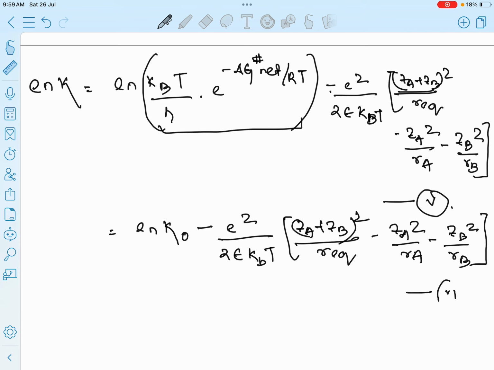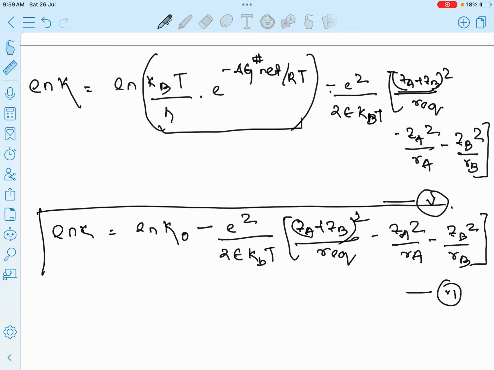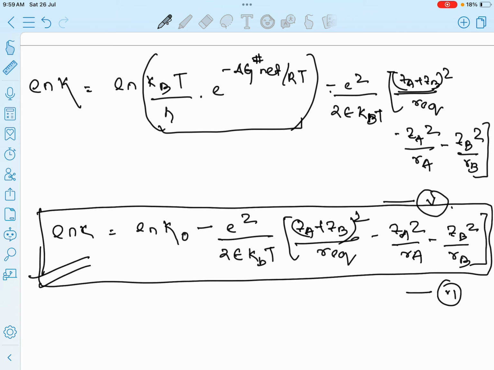This is your equation number 6, and this is the logarithm of the rate constant.